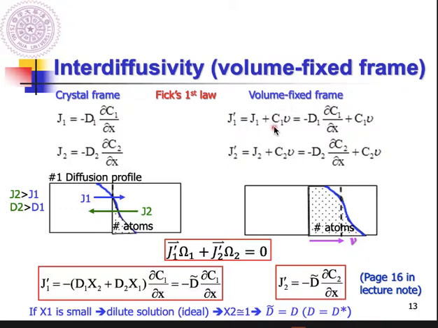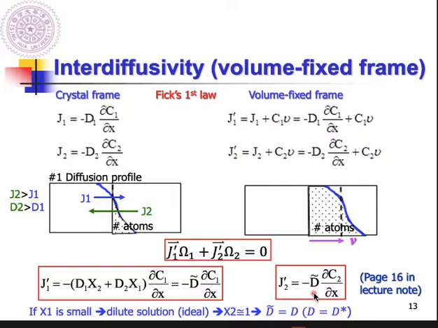So for J1 prime, you need to add the extra amount of atoms passing through this interface. After a series of derivations, we get the interdiffusivity, which is related to the diffusivities of atoms 1 and 2, and also the atomic fraction, or composition, of this diffusion couple.